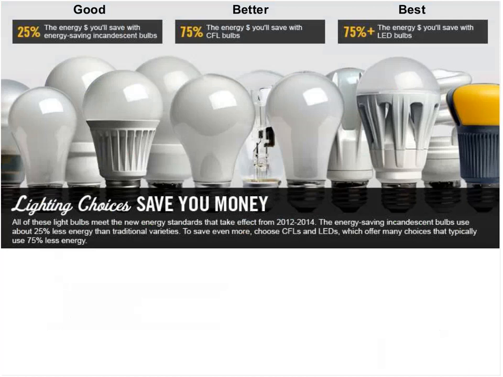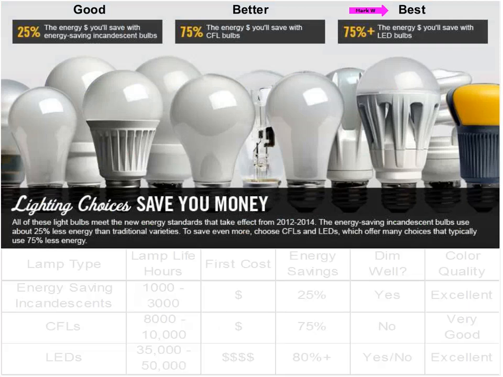So to replace these bulbs that don't meet efficiency standards, you're going to have 3 replacement options. One way to look at your options is good, better, and best. Good being your energy-saving incandescents, which really are halogens. Better is going to be CFLs, and best, as far as efficiency, is going to be your LED.